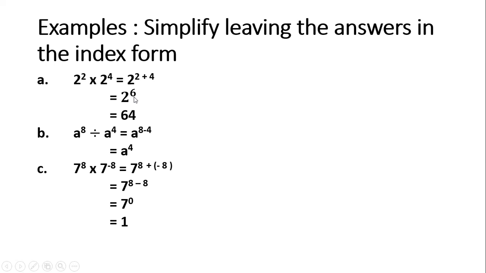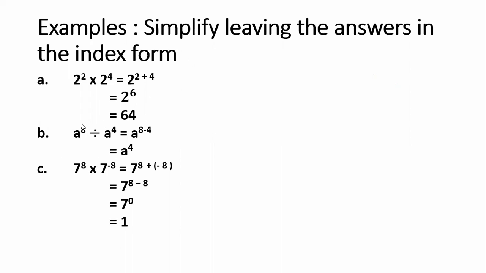Because this is a number, 2 raised to power 6 means 2 times 2 times 2 times 2 times 2 times 2 in 6 places. So that's 2 times 2, 4 times 2, 8 times 2, 16 times 2, 32 times 2, 64.